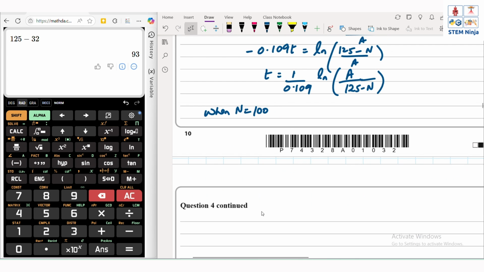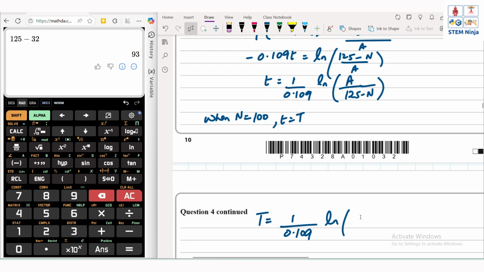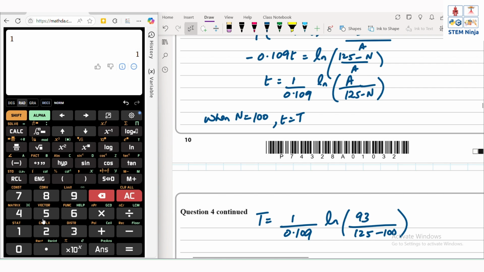Therefore, T is equal to capital T. So T is going to be 1 over 0.109 ln of A, which we found out to be 93, divided by 125 minus 100. So we get 1 divided by 0.109 times ln of 93 divided by 25.